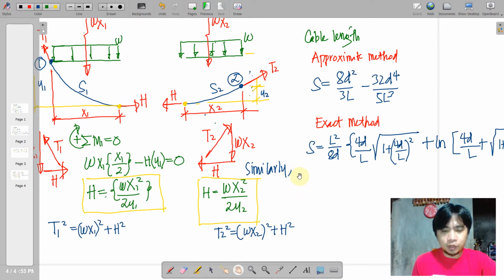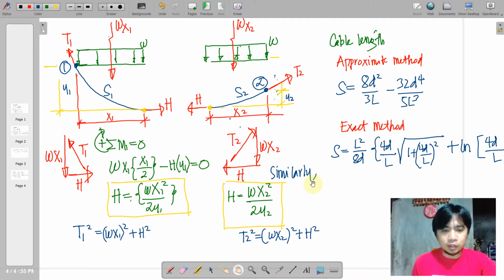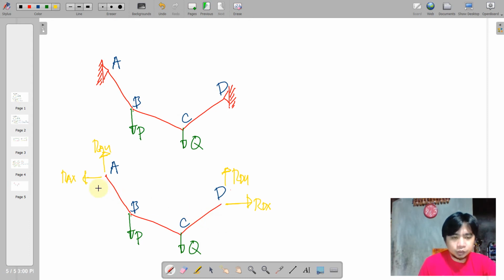How about if we have a cable carrying concentrated loads? That is a different treatment. Say we have here joints A, B, C, and D. Of course, these joints will have horizontal and vertical reactions as per the free body diagram.